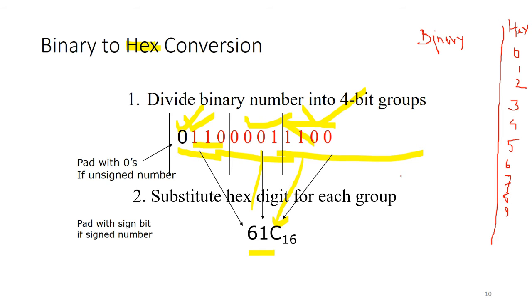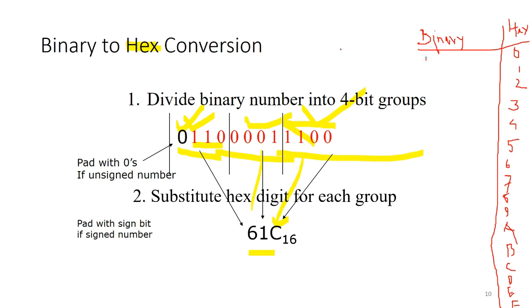After 9 we don't have any value called 10. After 9 we have A, then B, C, D, E and F, and so on. Let's not get into that one. We have till F. We know this from hexadecimal number systems. We know that it starts off with 0, then it goes like this.